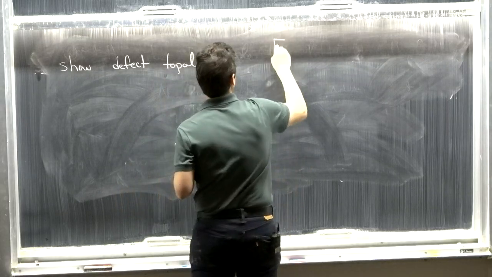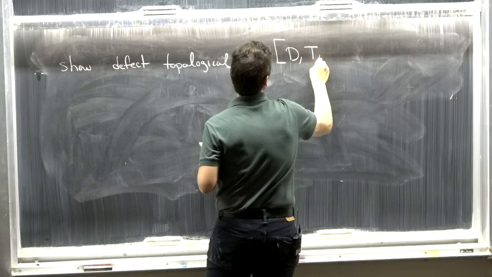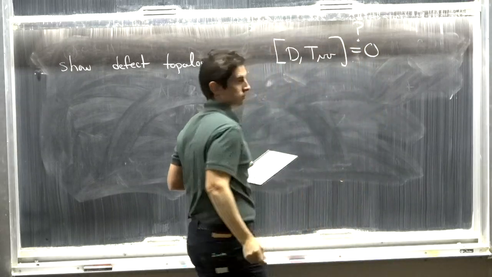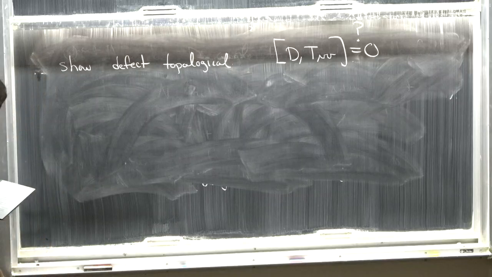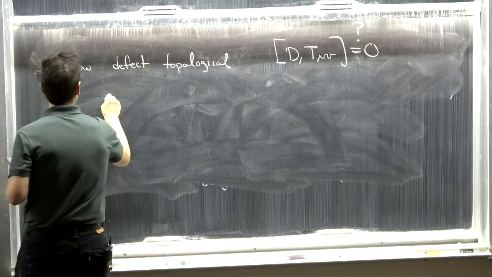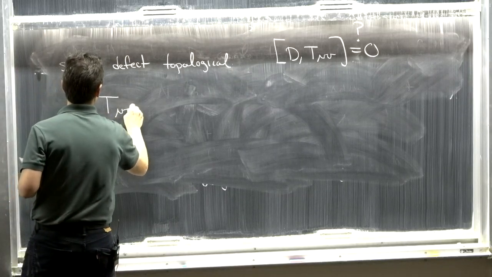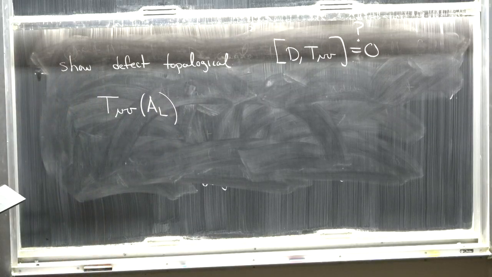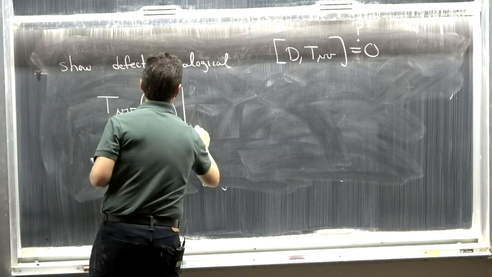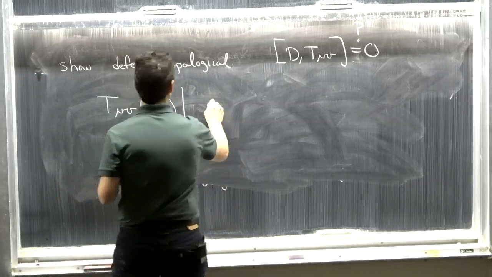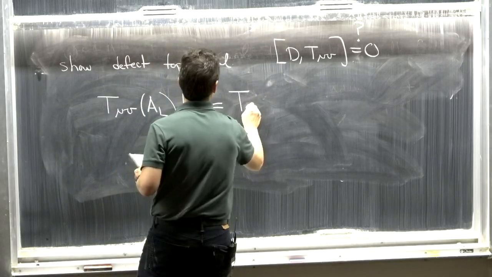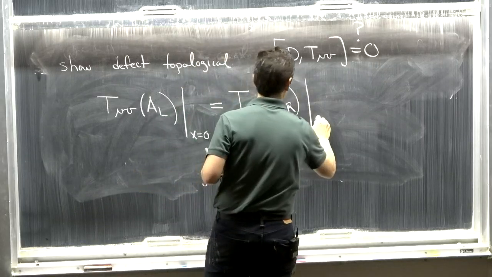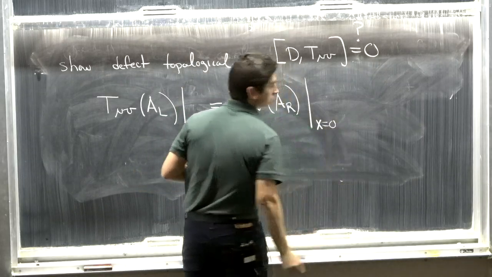So what do I need? I want that D commutes with T mu nu. Okay. What does that mean? Take the stress tensor on the left half of space-time, and I want it to be such that when I restrict it to x equals 0, it's the same as when I come from the right.